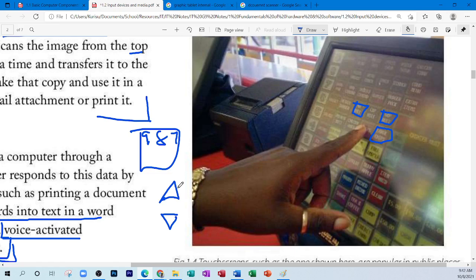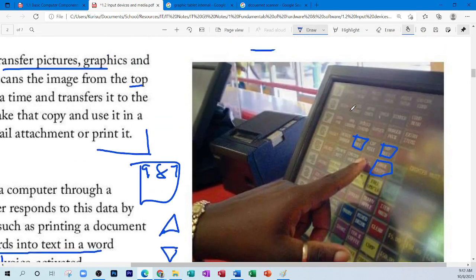It all depends upon the software. But the software developers are going to cover everything. They're going to ensure that whatever they need to input can be easily accessed by touching the screen. And it makes it much faster compared to having a full-size keyboard and mouse.